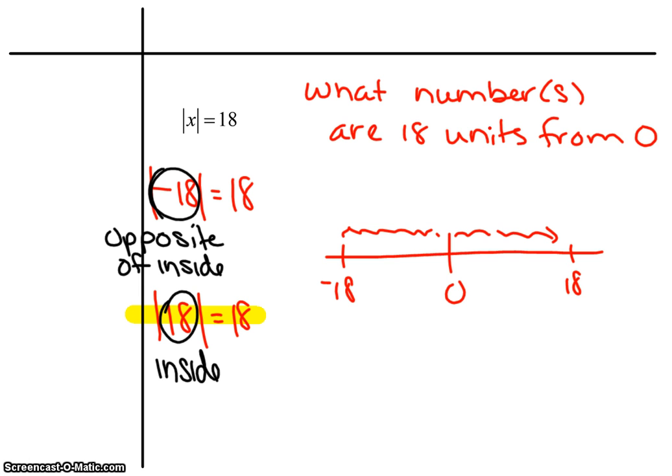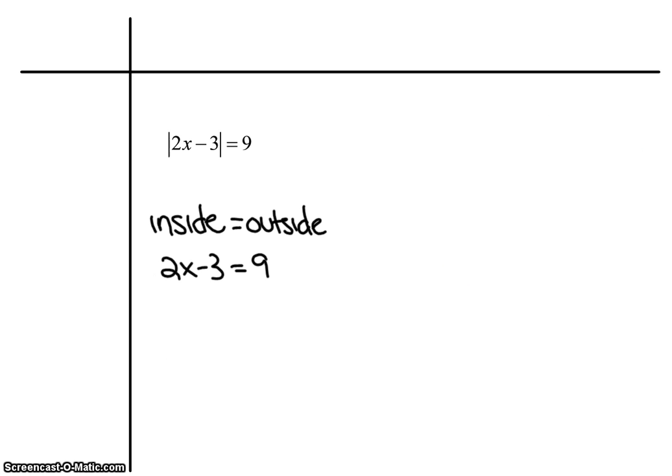The second case, I'm going to do what I looked at here. I'm going to take the opposite of what's on the inside and set it equal to the outside. Now there's a couple ways you can treat that.